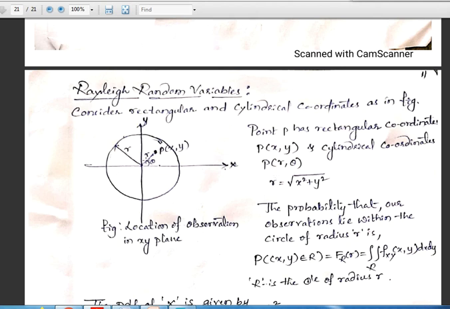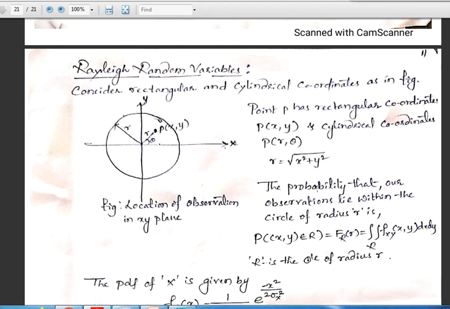In the rectangular system it is represented by (x, y), and in the cylindrical system by P of (r, theta), where r is the root of x square plus y square.